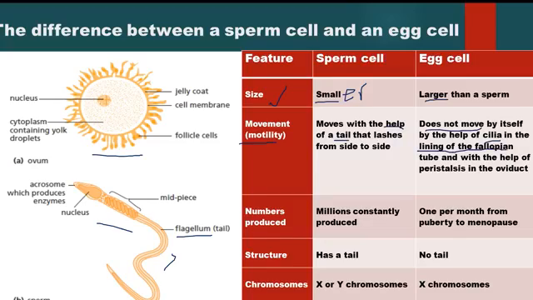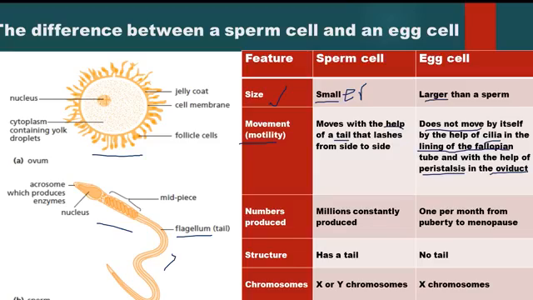So those cilia, as they waft, they're always moving in a coordinated manner. So as they move, they're able to sweep the egg down the oviduct. Now, apart from that, we have the peristalsis. The peristalsis of the oviduct also helps in moving the egg down to the uterus.